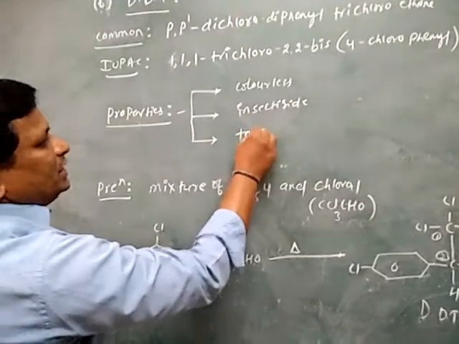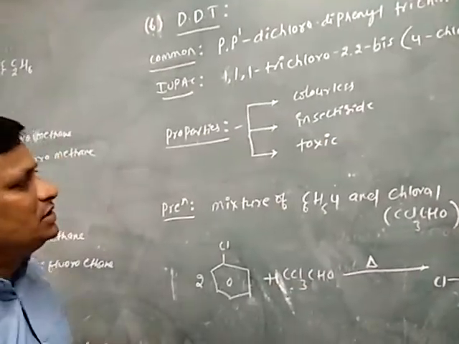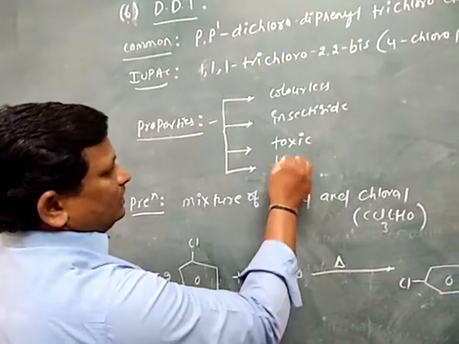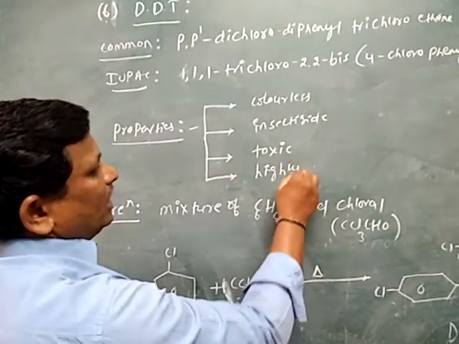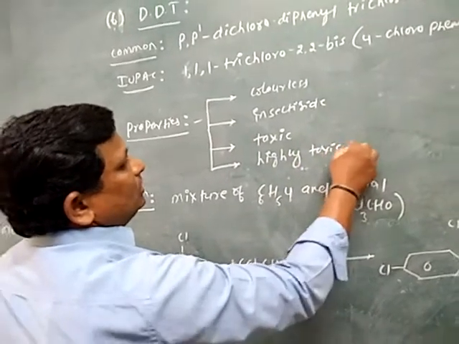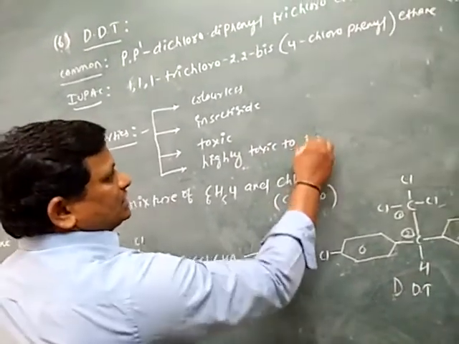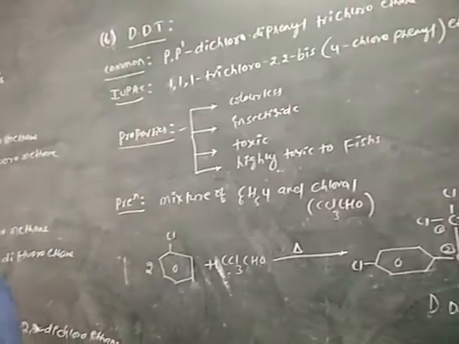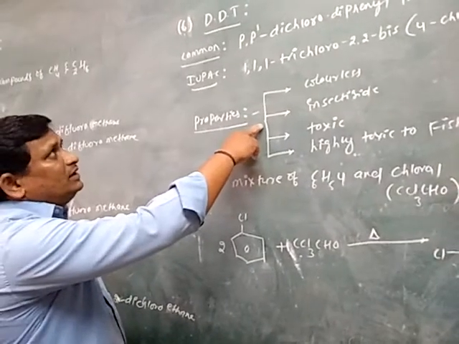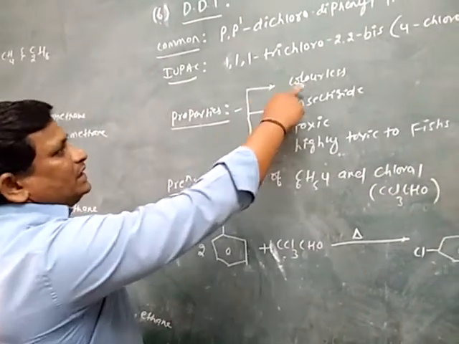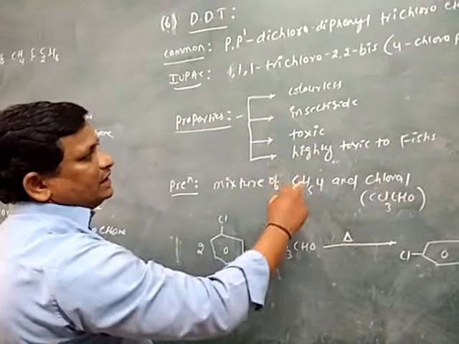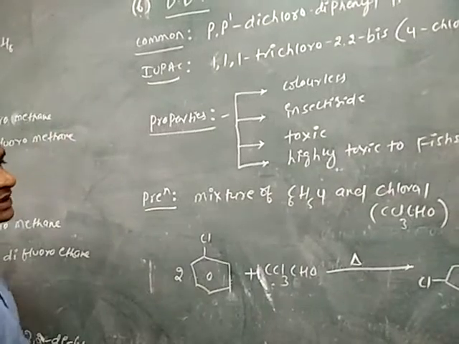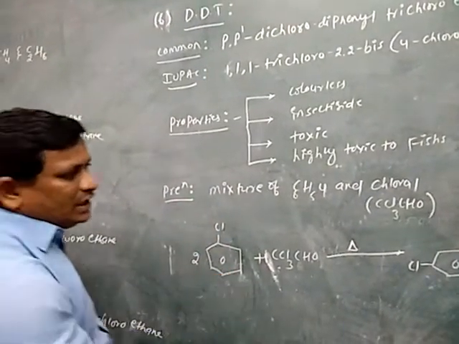Its nature is toxic or carcinogenic. It is highly toxic to fishes in the water. So DDT is colorless, an insecticide, toxic in nature, and highly toxic to fishes.